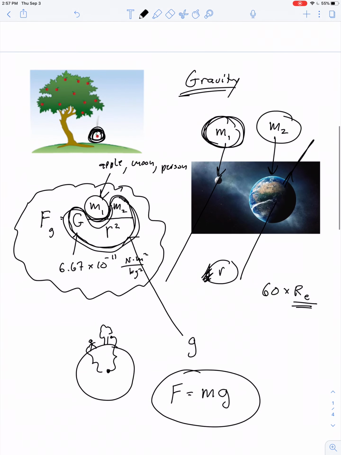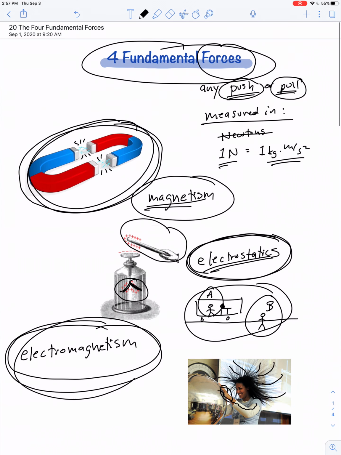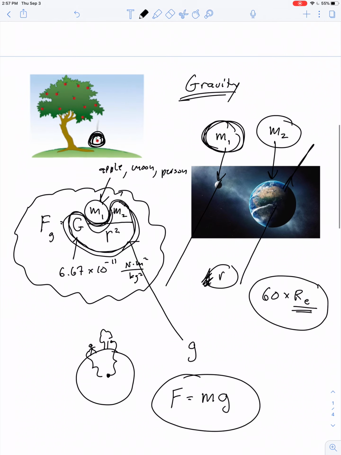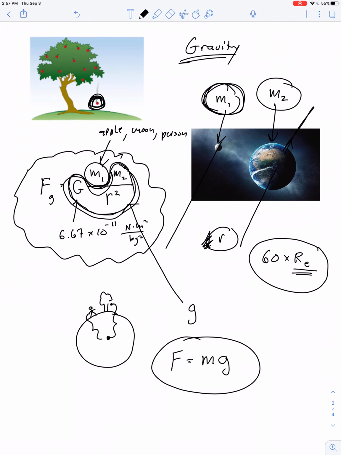Gravity exists over very large ranges, right? 60 times the radius of the Earth is pretty far. And this action at a distance that you might have felt before when magnets are kind of close to each other, once the magnets get farther away, that force diminishes really quickly, right? With gravity, the distances can be tremendously large, right? Far greater than just the distance between the Earth and the Moon.